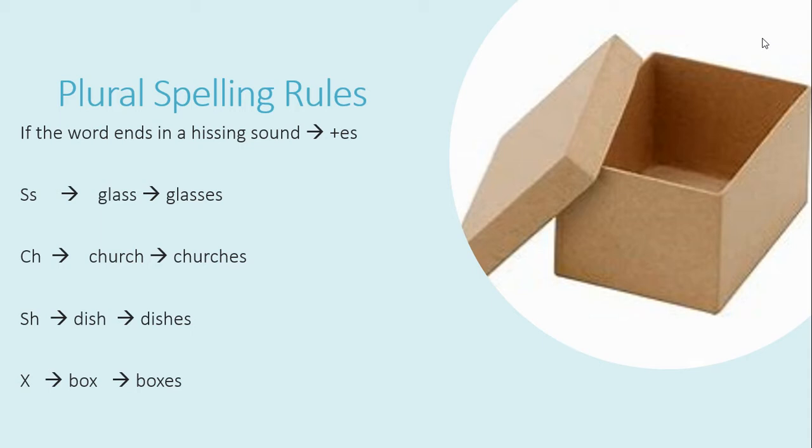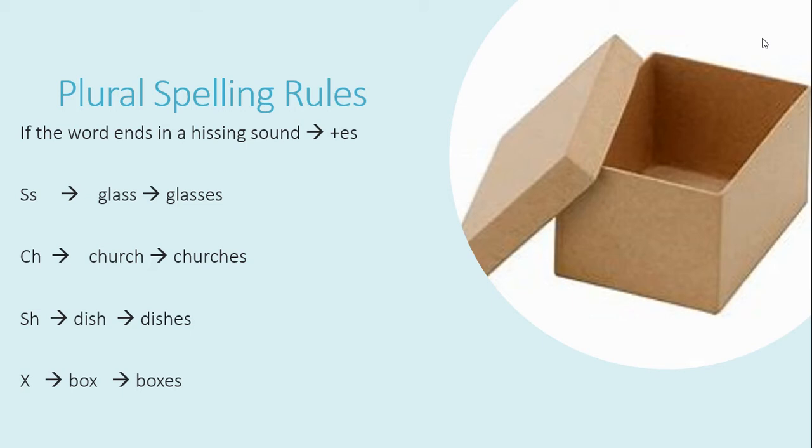So for instance, a rule that we can follow, if the word, when it's a single version, a singular version, ends in a hissing sound, we add es to it to make it a plural, such as glass becomes glasses, church becomes churches, dish becomes dishes, and box becomes boxes.